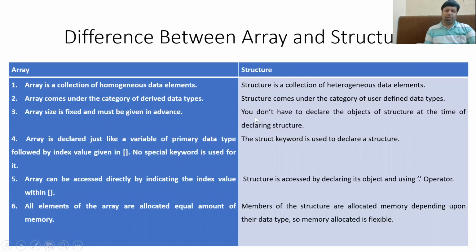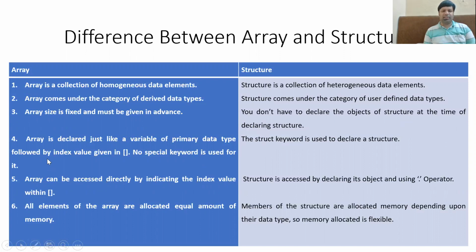So basically, when you create an array, you tell that these are the elements of the array and all the elements are of the same size, whereas you don't have to declare the objects of the structure at the time of declaring structure. When you create a structure, you just tell the elements that it will have, but there is no compulsion of creating the objects. So that means no memory is allocated at that time.